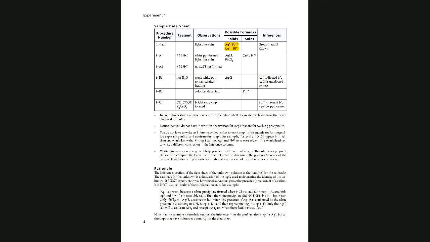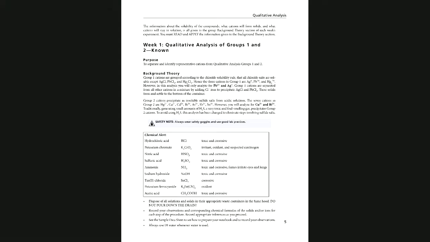Reactions that take place are explained in the lab manual. I'm not going to go through every single reaction, but that's what you have the lab manual for, to refer to it.